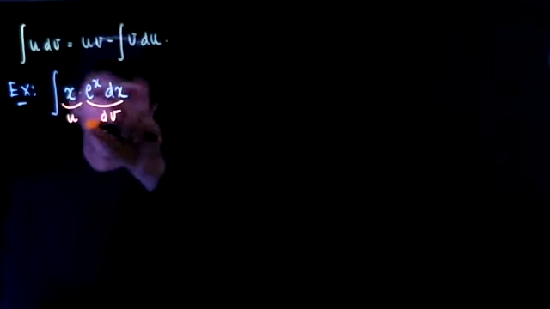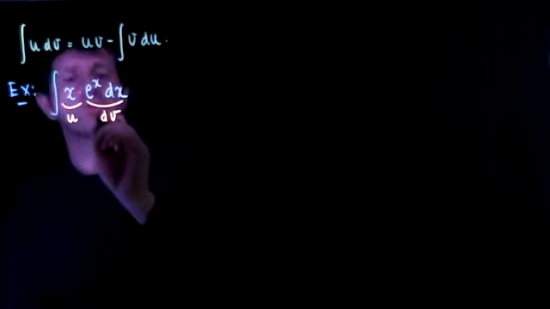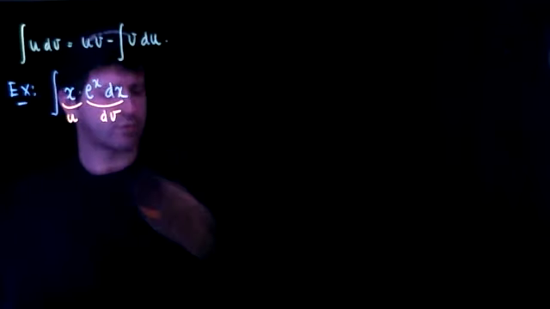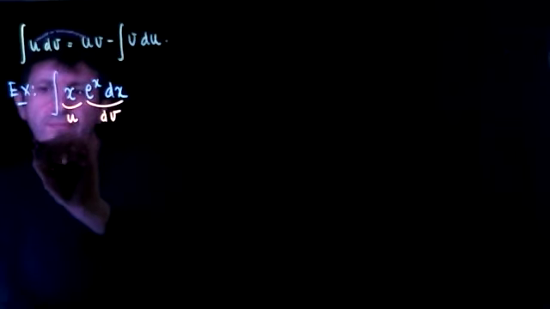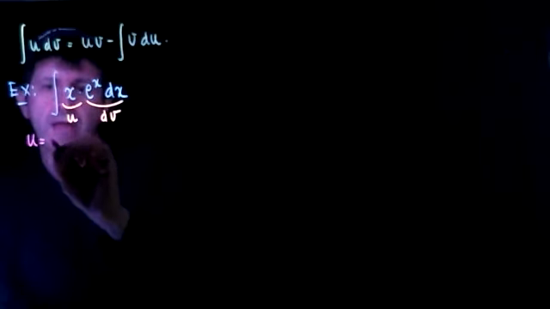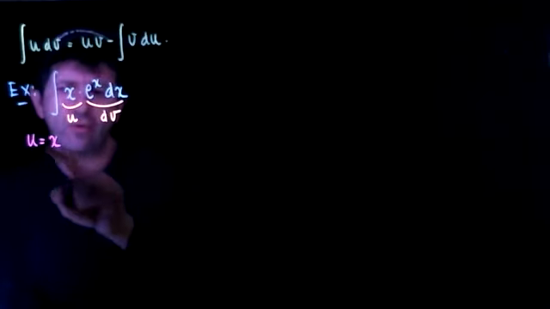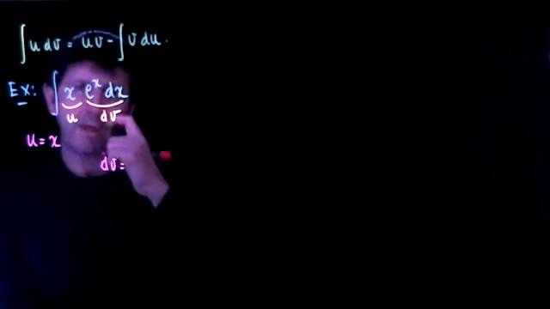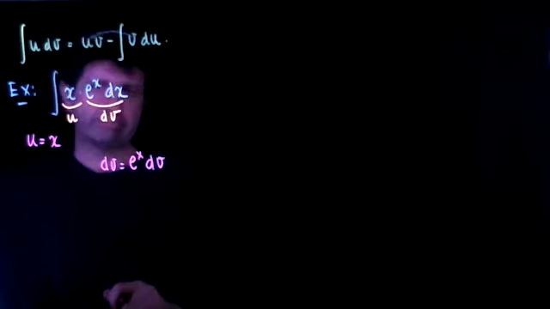So I have to partition the expression so that one part is u, one part is dv, and the dv always includes a dx. Let's write u is equal to x. The way I do it, I put the u here, the dv here. So dv is e to the x dx.